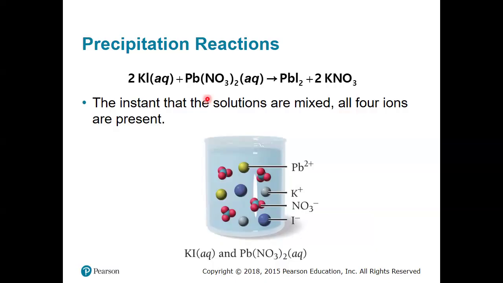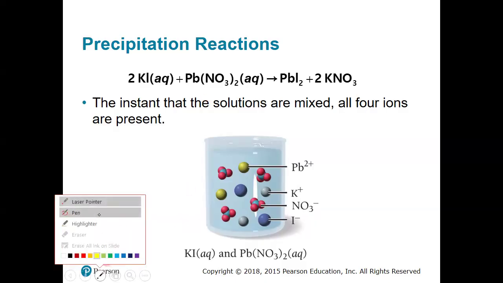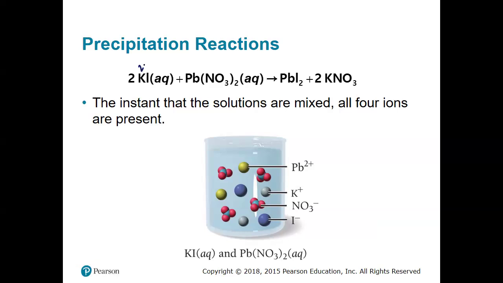When I put them together, now all four of those ions are present at the same time in this solution. Now, we recognize this as a double displacement reaction, which means that the potassium ion and the lead ion have to switch places.